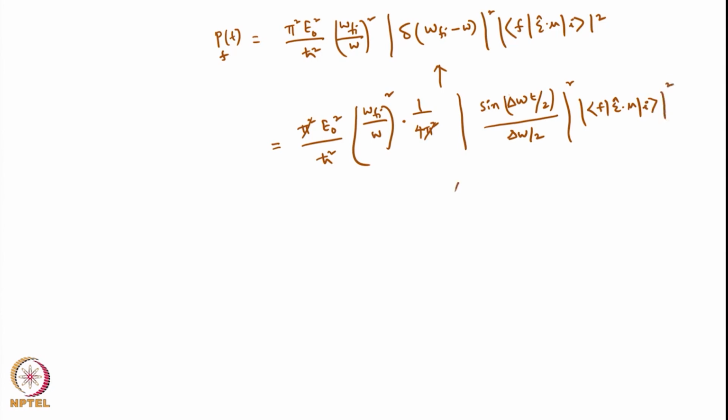Okay, where delta omega is nothing but omega Fi minus omega. Now, I am going to slightly rewrite this equation.